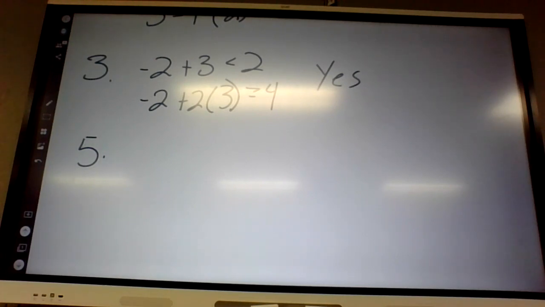That's 3. Graphing, substitution, elimination. Substitution, elimination, and graphing.